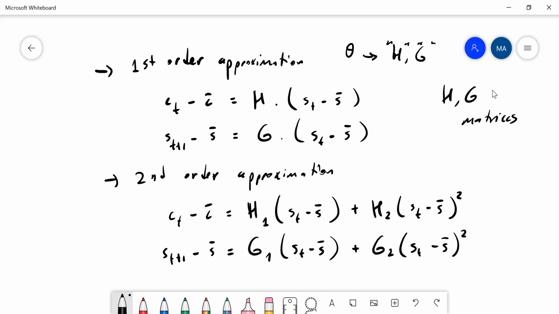So solving matrix equations is definitely easier than calculating the value function for each point in the state space. In the stochastic version, there will be additional shocks, so I will show you that as well.